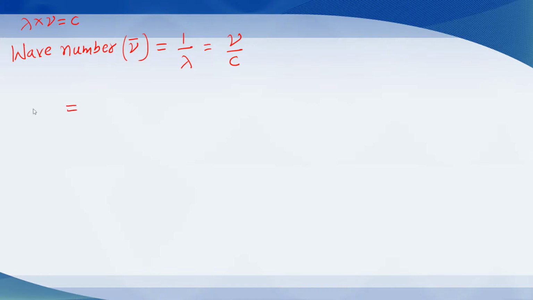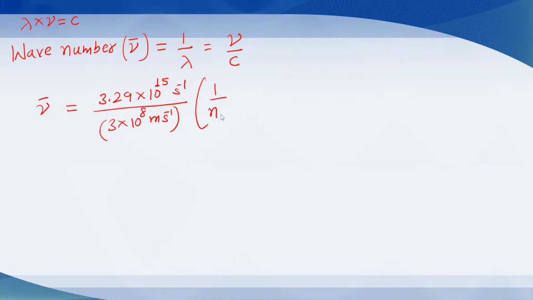So now nu is 3.29 into 10 raised to power 15 per second, and c is 3 into 10 raised to power 8 meter per second, into 1 upon n1 square minus 1 upon n2 square.